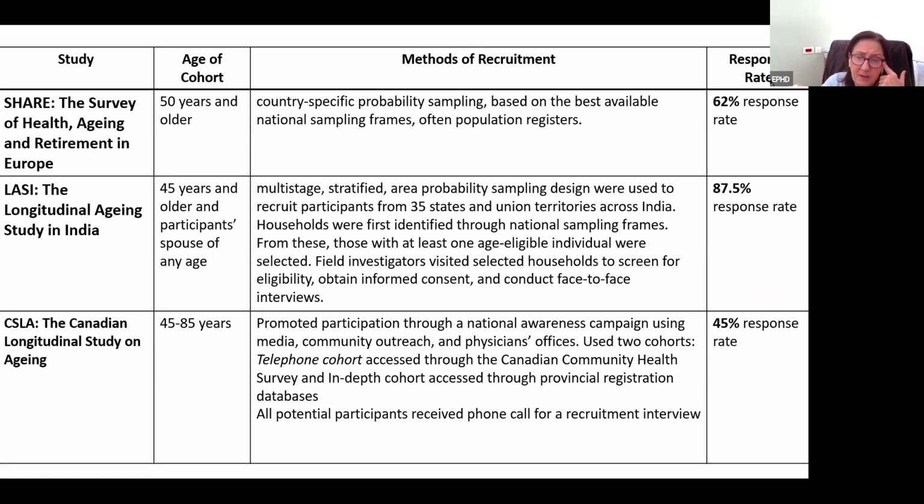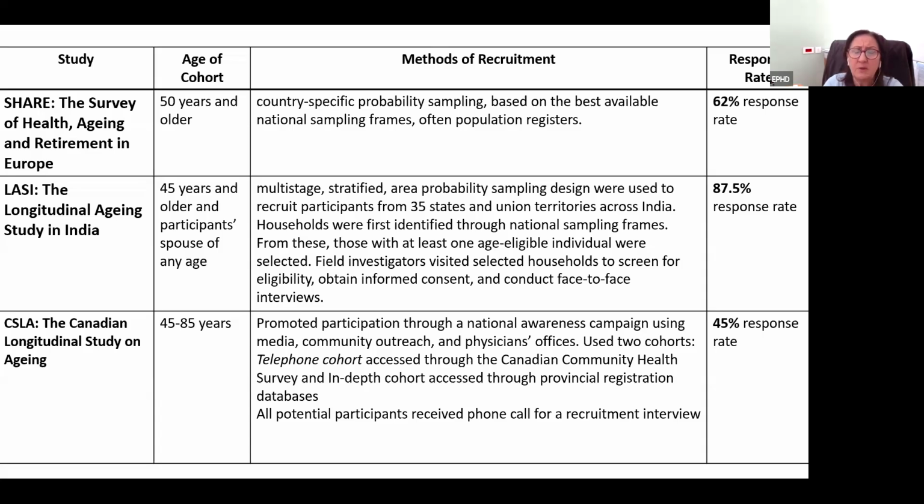Just as an example and illustration, SHARE is the Survey of Health, Ageing and Retirement in Europe. This is a cohort study conducted in more than 20 European countries. It recruits a cohort of people 50 years and older.